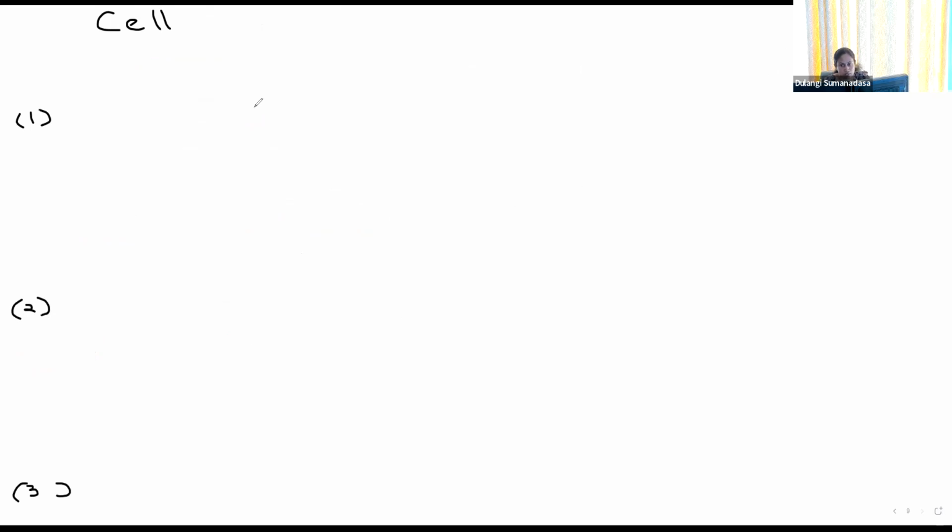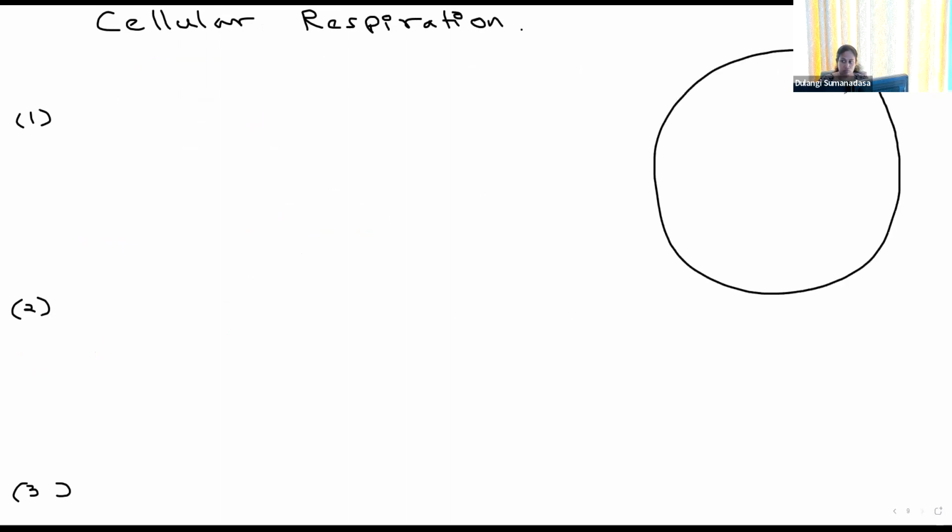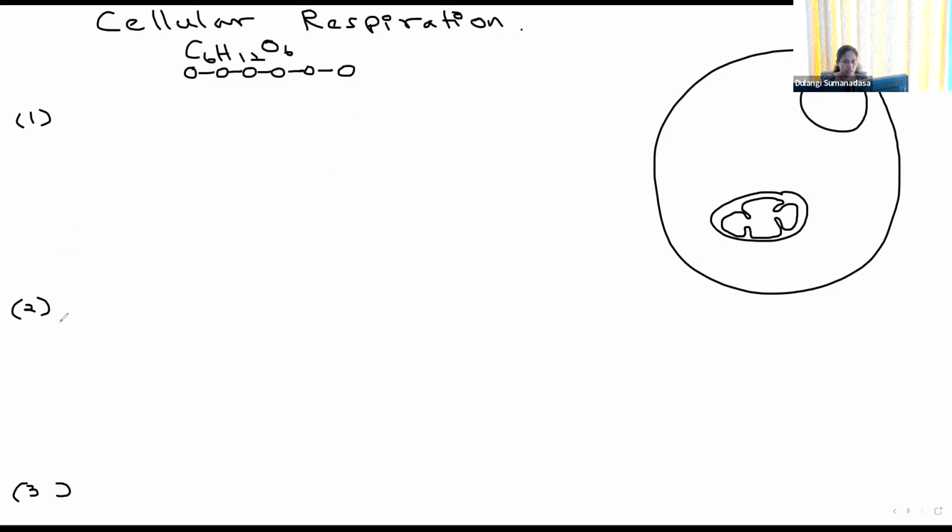Exactly the same, and write down the location. Right, I drew a cell, so you can see the mitochondria and the cytosol, right? So I have glucose as the main substrate. 6-carbon glucose. I'm using 3 stages to break it down until it becomes carbon dioxide.